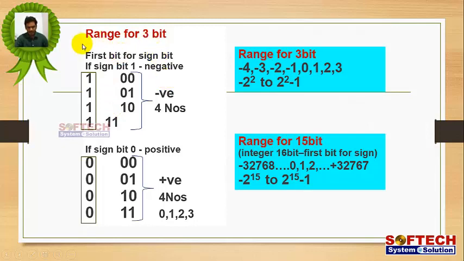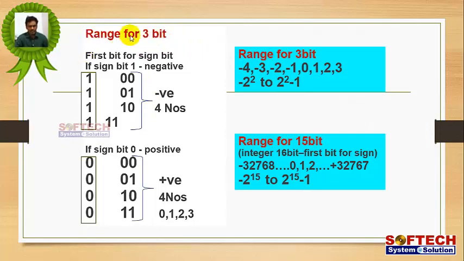For example, if we want to find the range for 3 bits, the first bit is the sign bit. In the previous example for integer, we calculated using 16 bits. Here, for easiness, we take 3 bits only.